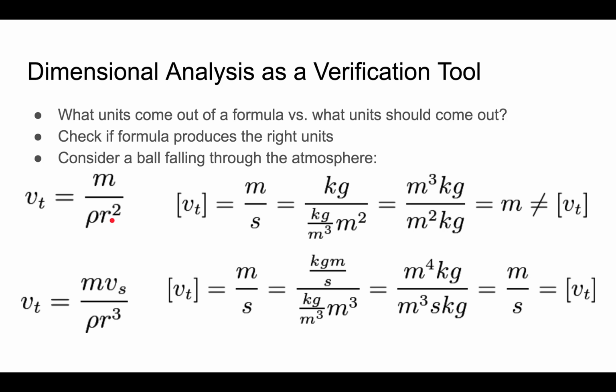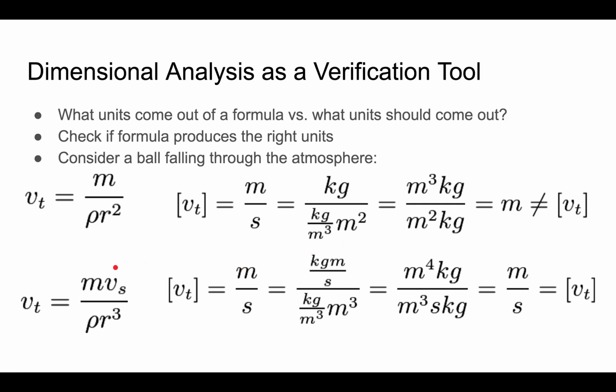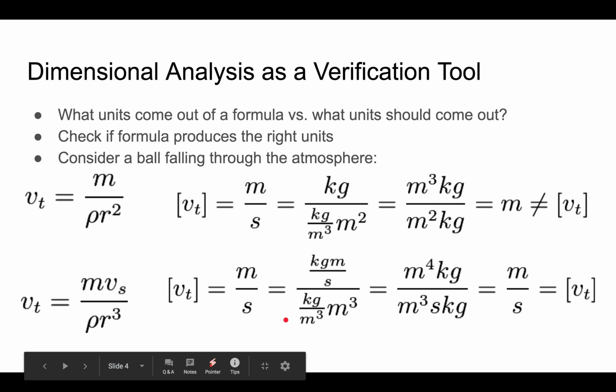Now our second formula, we have the mass of the ball times the speed of sound, v sub s, over rho, the density of air, times the radius of the ball cubed. And so, again, the units of velocity are meters per second, and then meters per second have to be equal to this kilograms times, this is the meters per second from the speed of sound, over the kilogram per meter cubed from density times the meter cubed from the radius cubed.